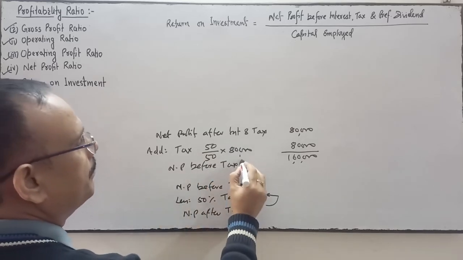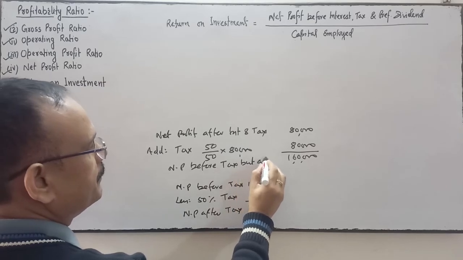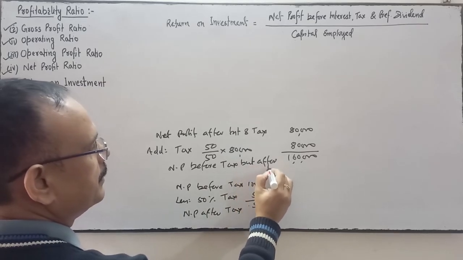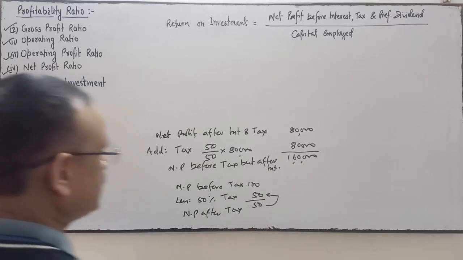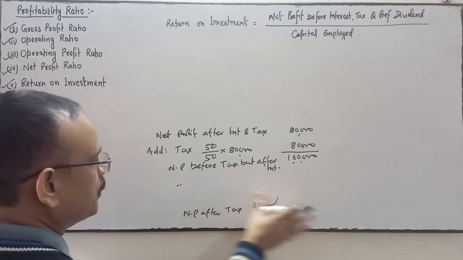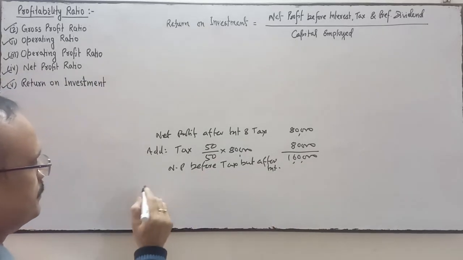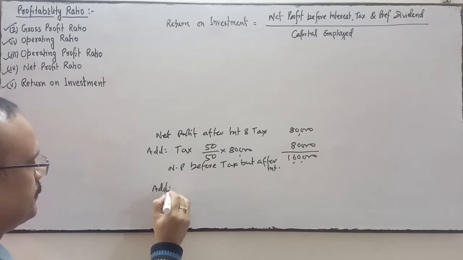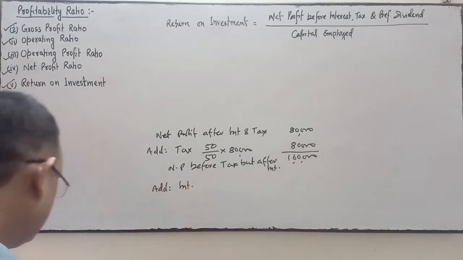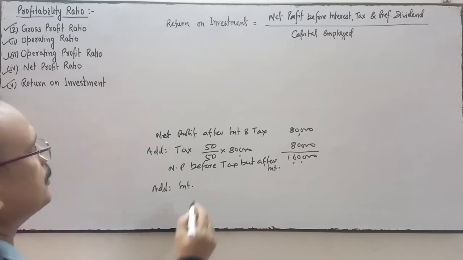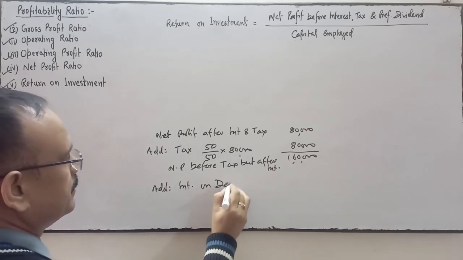but after interest, it is 1,60,000. Now what we'll do, we'll add the interest on debenture.